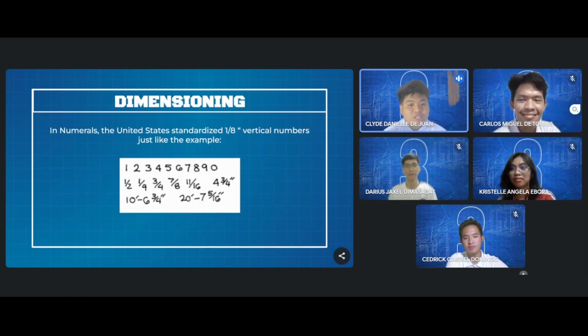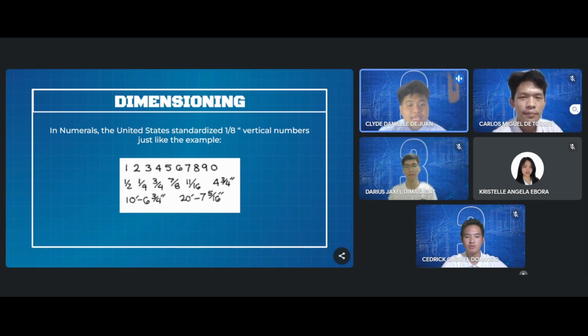Numerals in dimensioning use standardized English numbers and are usually written clearly and concisely in either architectural or engineering lettering in vertical form.